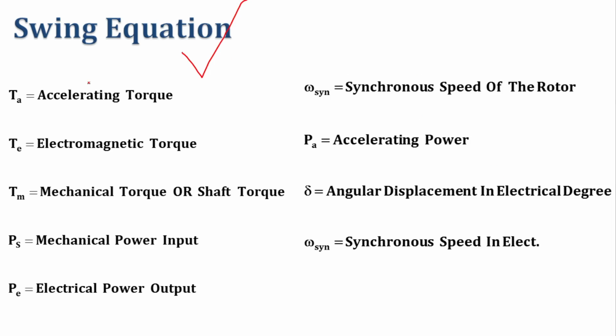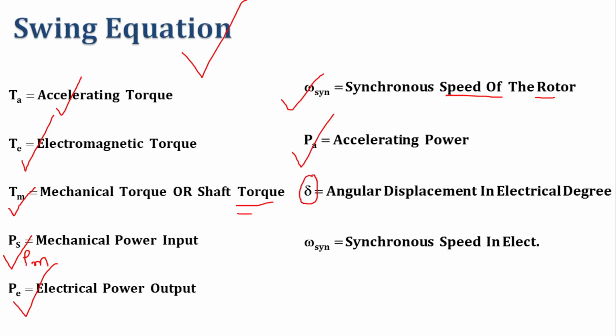TA is the accelerating torque, TE is the electromagnetic torque, Tm is the mechanical torque or shaft torque, Pm is the mechanical power, Pe is the electrical power, omega s is the synchronous speed of rotor, Pa is the accelerating power, and delta, one of the most important notations, is the angular displacement.